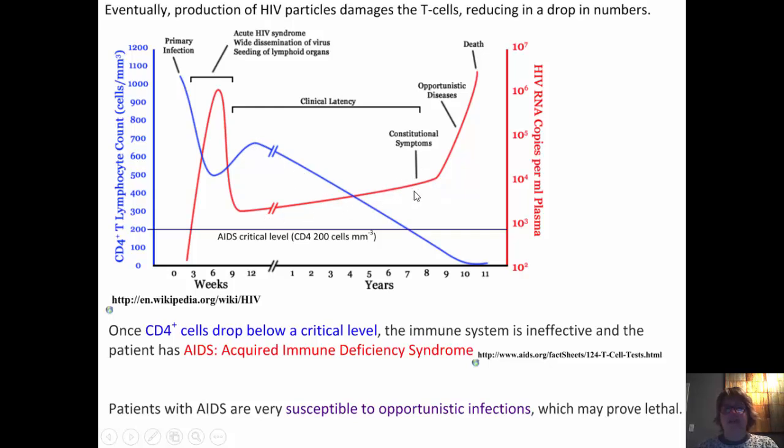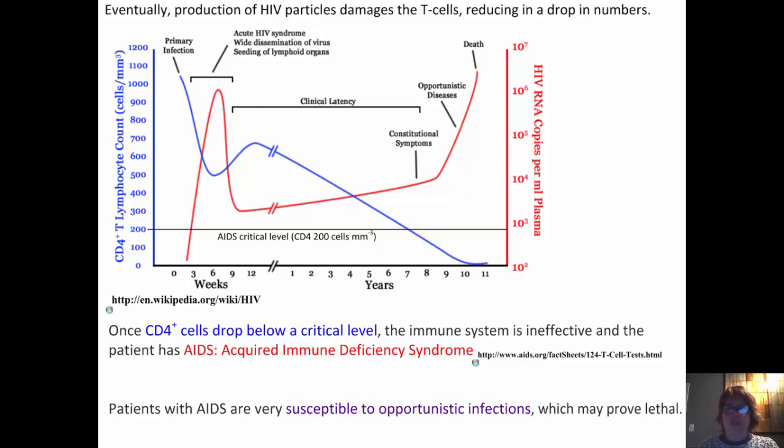You're going to start to have symptoms with HIV. And this is where you start to have those symptoms, when your T lymphocytes hit what we call the AIDS critical level. So this is when your CD4 T lymphocyte counts are below 200 cells per millimeter cubed.